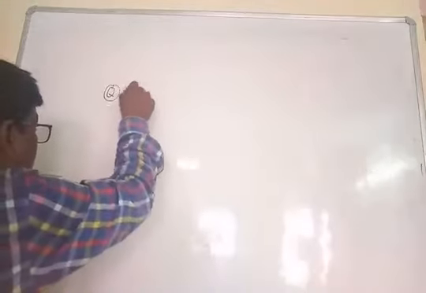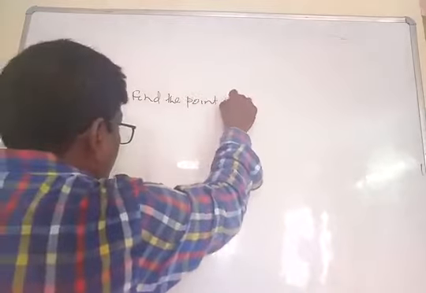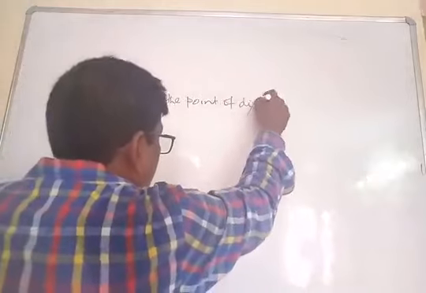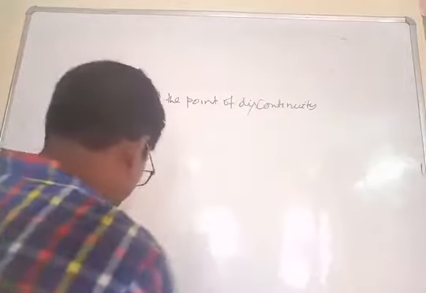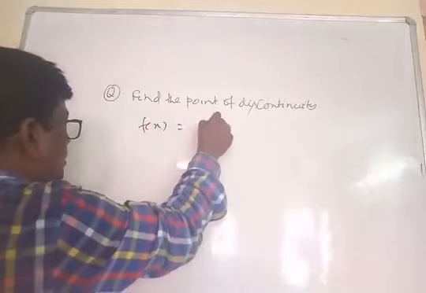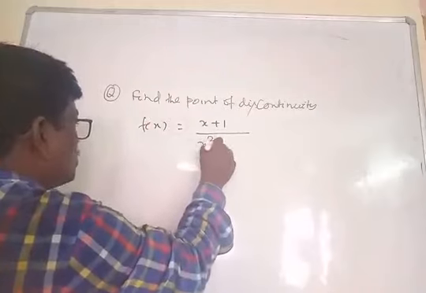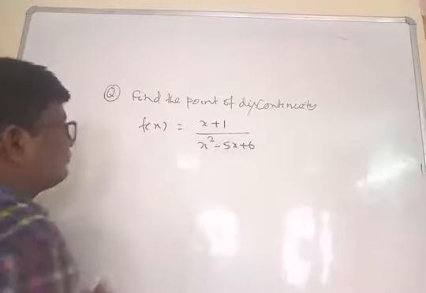Find the point of discontinuity. f of x is equal to x plus 1 divided by x square minus 5x plus 6.